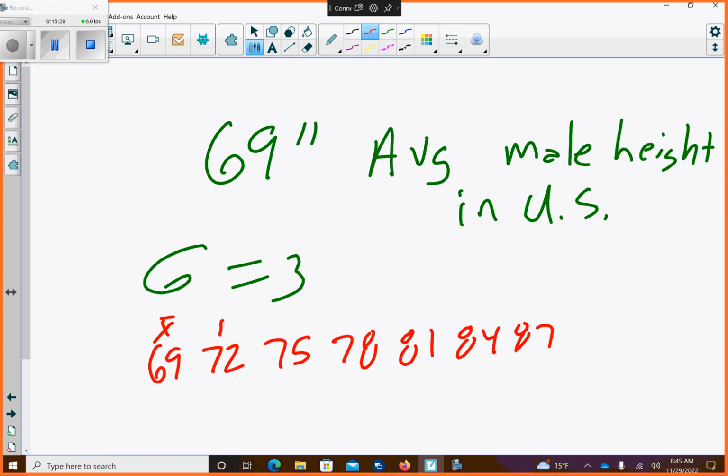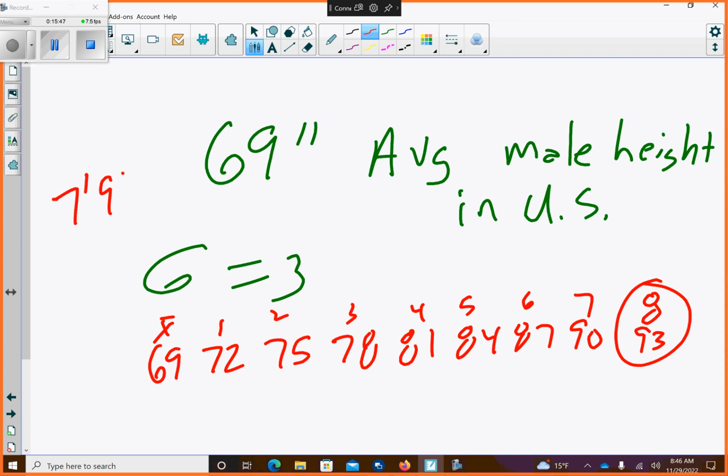So that's 1, 2, 3, 4, 5, 6, 90, and then 93. Okay, how tall is 93 inches in feet? How many times is 12 going into 93? 7'9". 7'9".